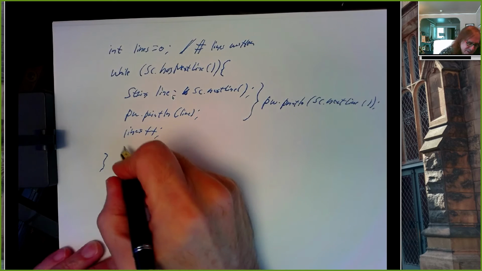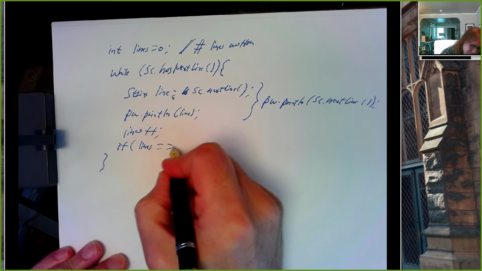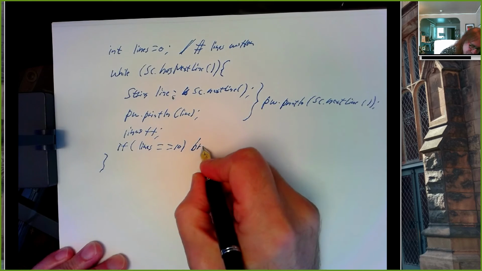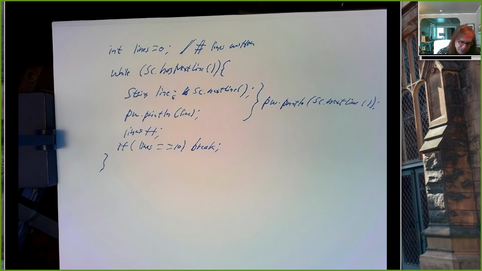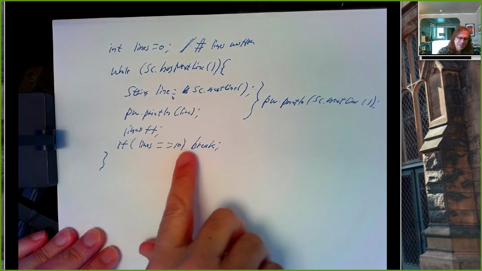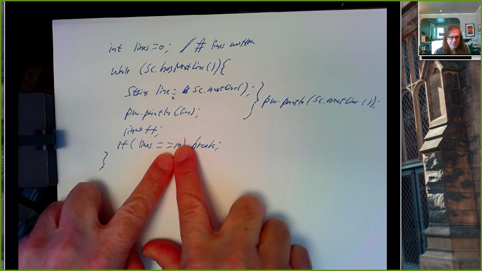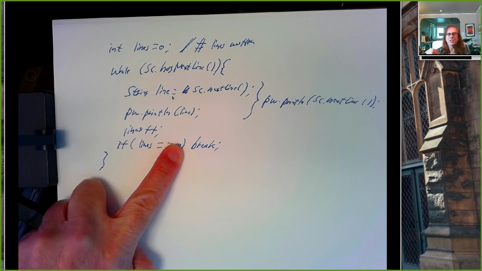So now I can say something like if lines is equal to 10, let's break out of the loop. And you can do an edge case test. Suppose I wanted to write a single line. If I initialize lines to 0 and I say if lines equals 1, well, I'll print one line, increment lines to 1. If lines equals 1, yeah, I'll break out at that point.